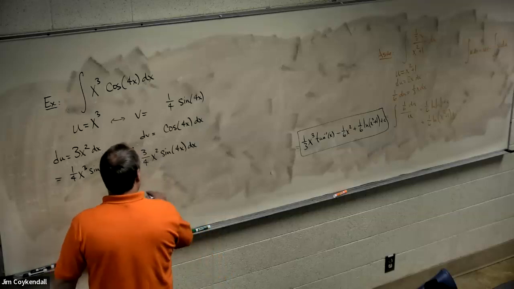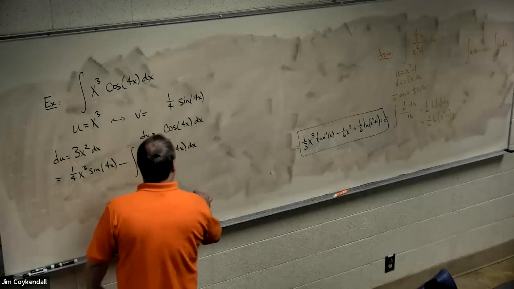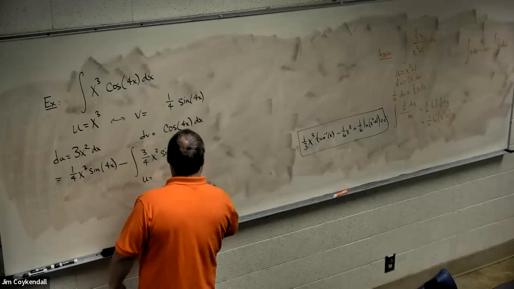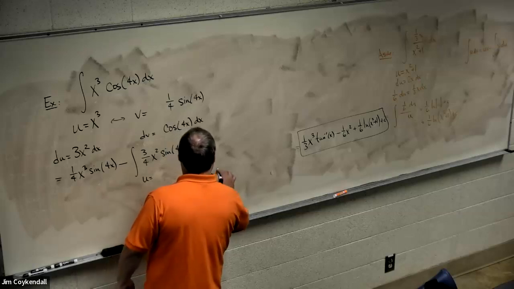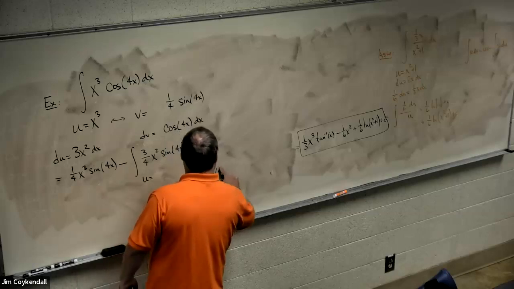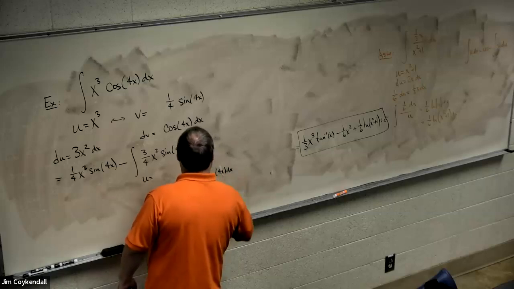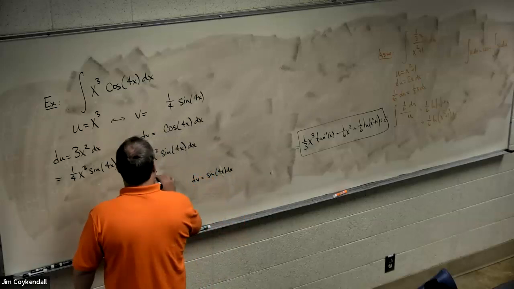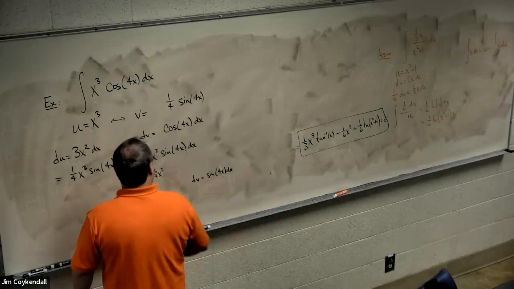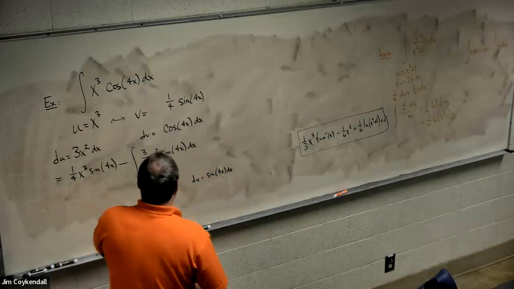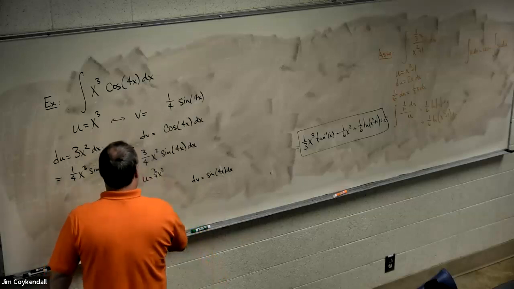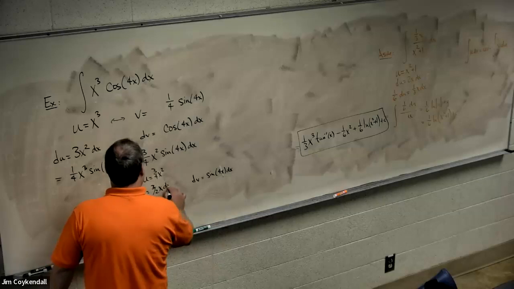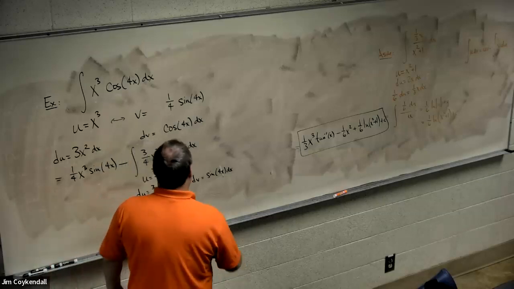So parts again. Do what worked before. Do 3/4 x squared. So the derivative of 3/4 x squared is 3/2 x dx.